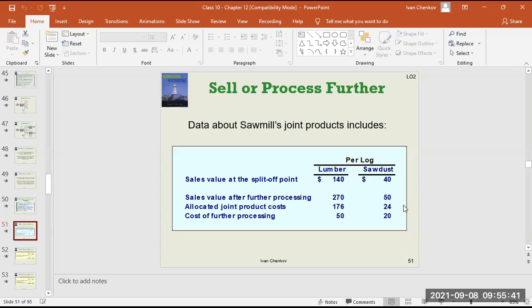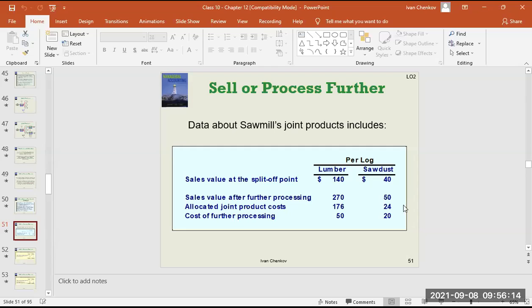Lumber. At the split-off point, once we separated the two products, we can sell it for $140. If we process further, we can sell it for $270. So we can sell it for $130 more. Allocated joint product cost is 176, which we said is irrelevant.